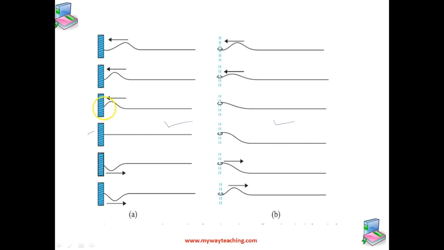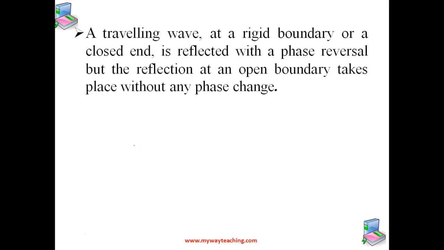Here you can see it has no change in shape, but there is a phase difference of 180 degrees once it is reflected from this boundary. By the principle of superposition, this is possible only if the reflected and incident waves differ by a phase angle of pi, so that the resultant displacement is zero.